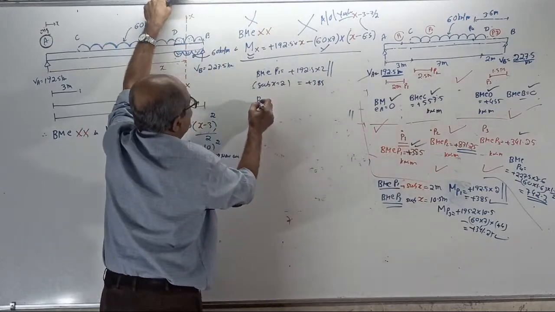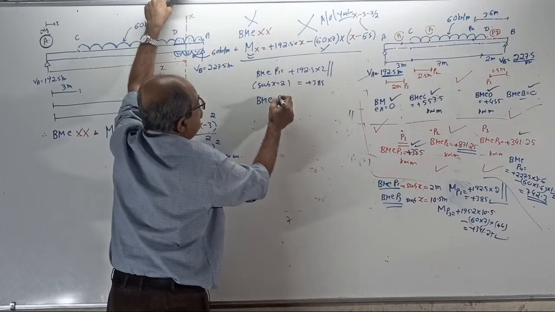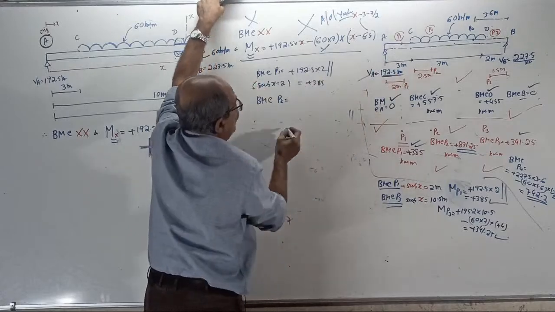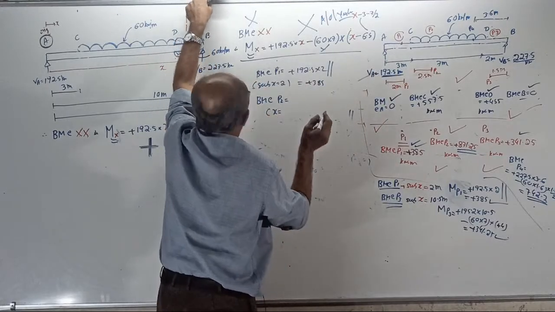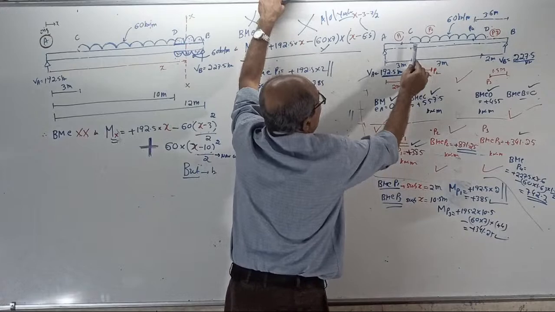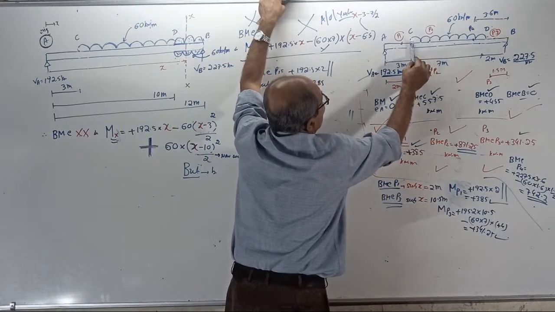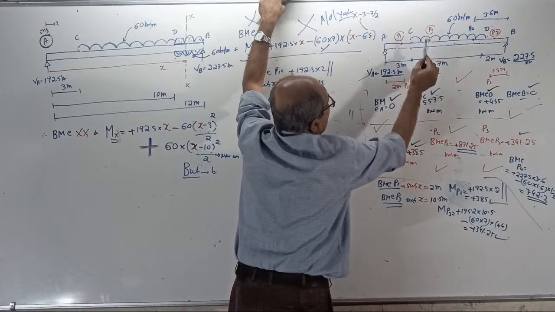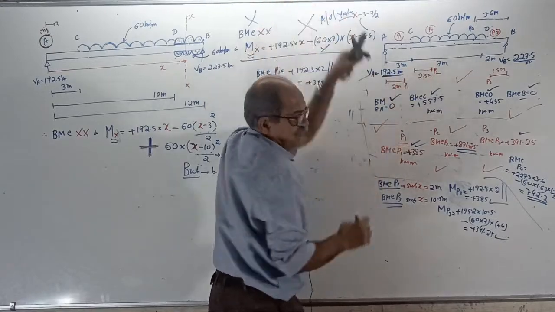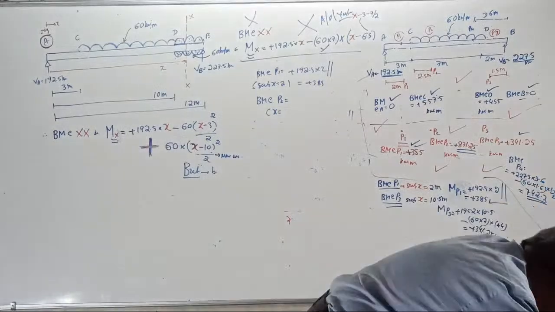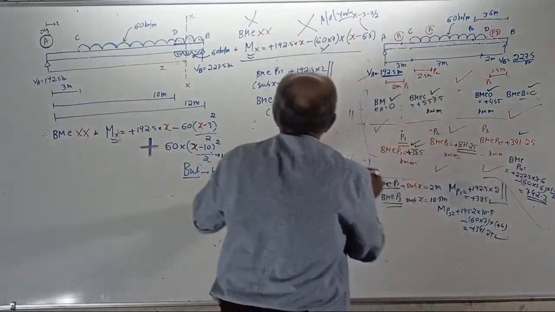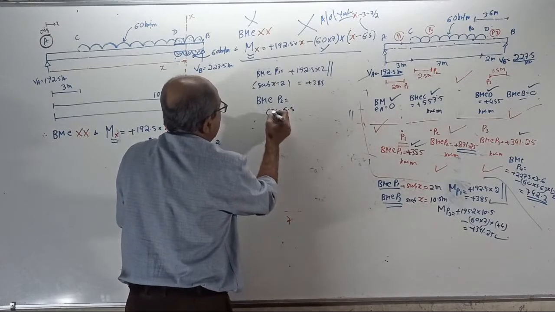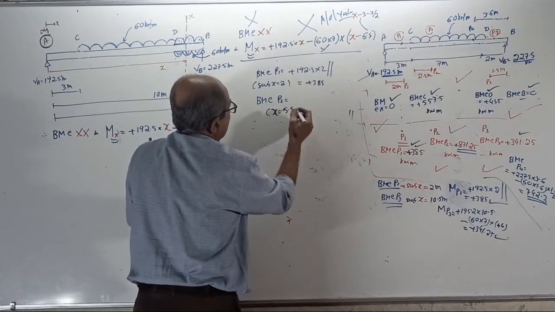Then bending moment at P2. Now see, I will go this way. P2, I will go. Put x equal to how much? Tell me. See, P2 is at 2.5 meter from here. Put x equal to 5.5 meter.